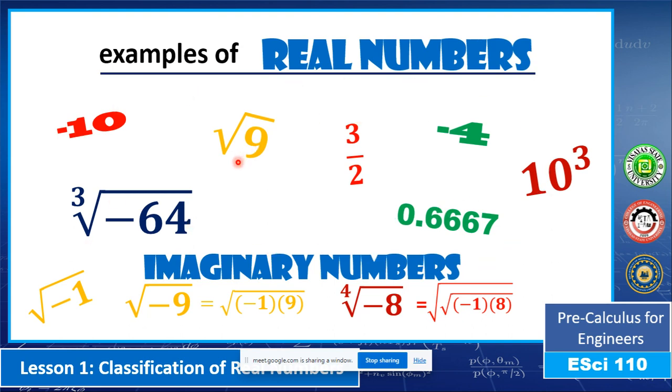So take note: in mathematics, we have these two kinds of numbers, which are like rivals. Actually, the imaginary numbers are not stated in the printed learning module, because this concept will be discussed further in your higher mathematics, in advanced math.